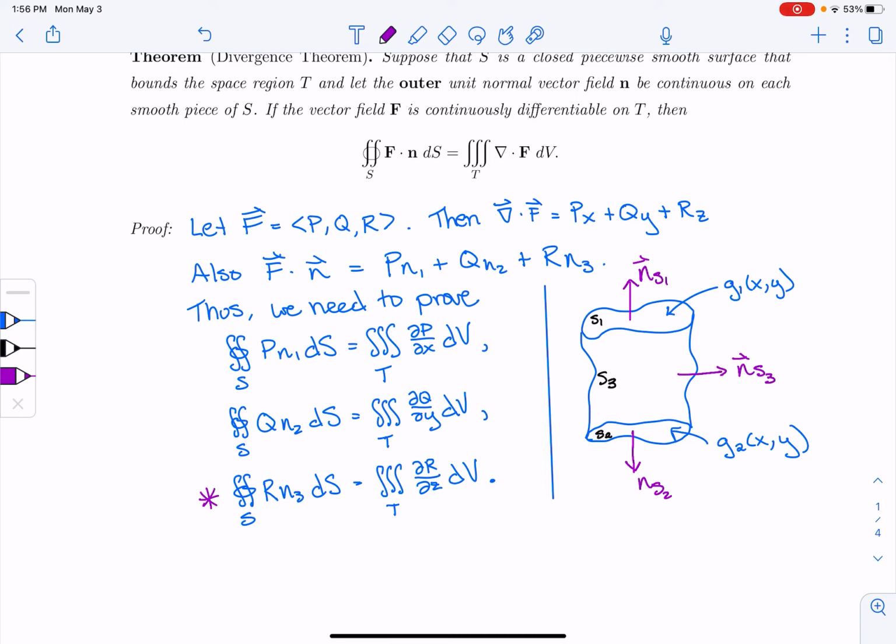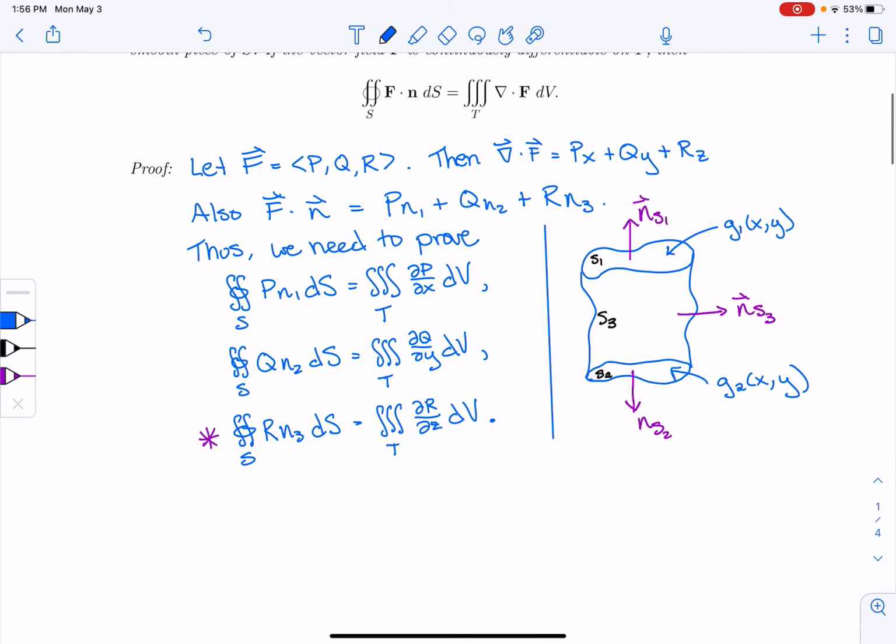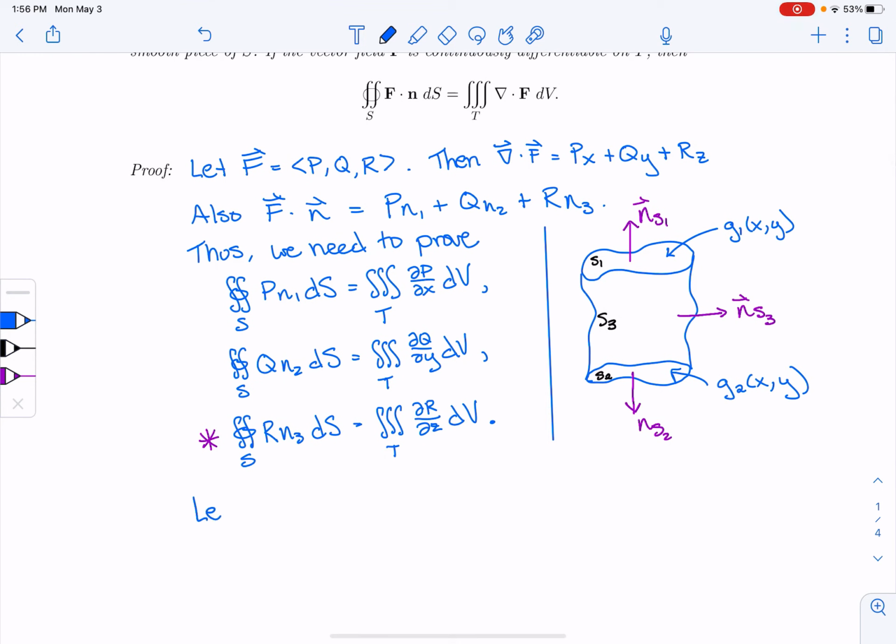So our three-dimensional region is going to have this specific shape. Okay, so we're going to say that T be a region with boundaries.